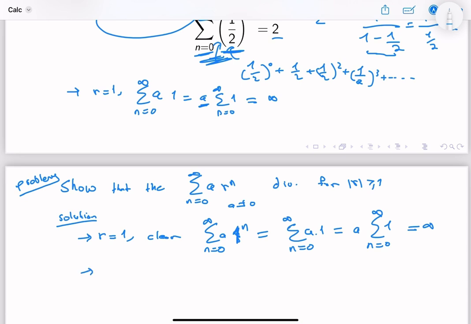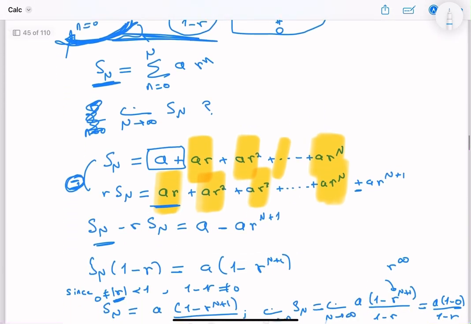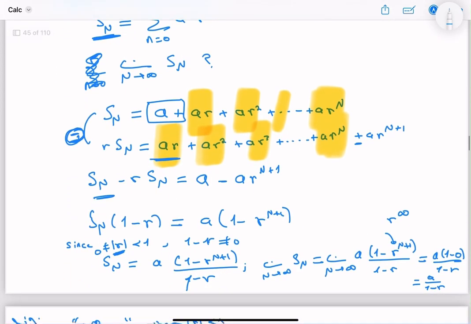Now, for r in absolute value strictly bigger than 1, why is it the case that this sum is divergent? Let us just recall real quick that we've shown that Sn can be written as such. This is an important formula for you to remember, or at least the trick of showing it, because you can rederive it if you forgot it.